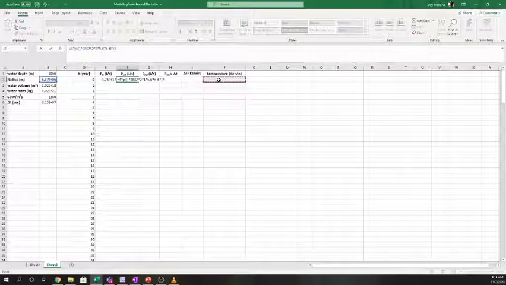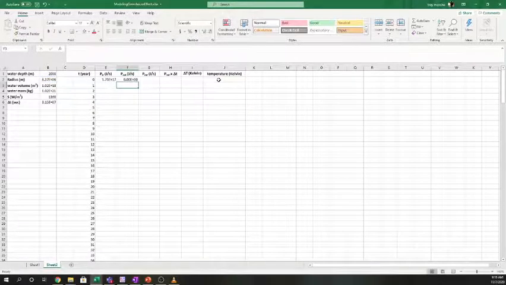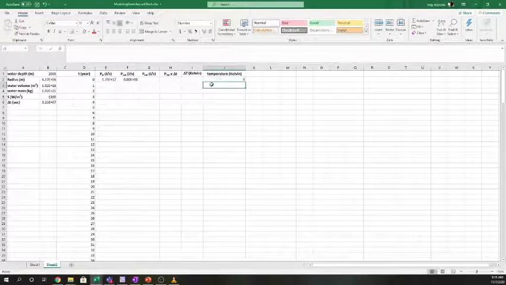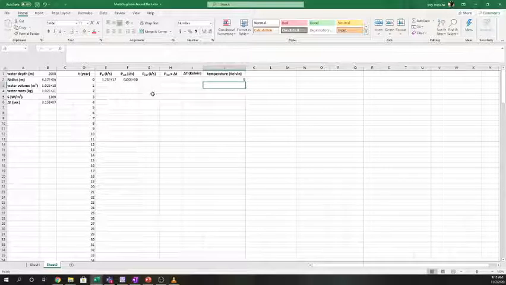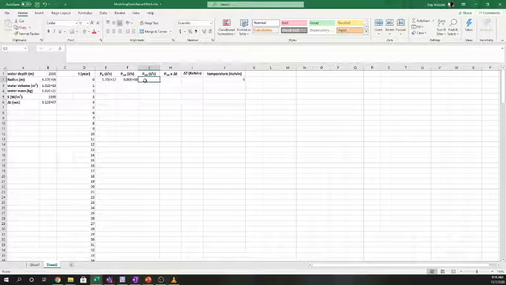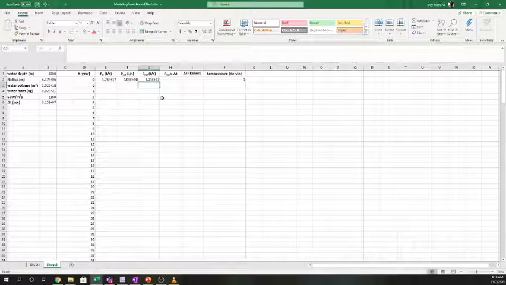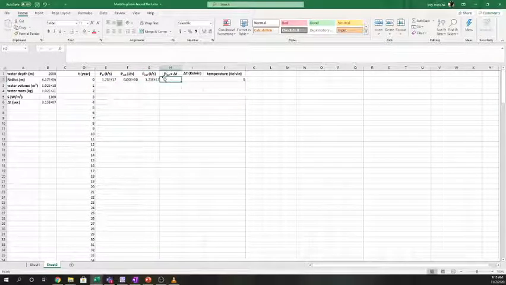So I'll click on the temperature and I'm going to raise that to the 4th power. And I don't have anything in here. I'm going to put a 0 for the beginning temperature because we're going to look at how the temperature of the planet warms up. The next thing, I'm going to calculate the net power. That's just equal to the input minus the output radiation. Then I'm going to calculate the energy, so that's the power net times a change in time.